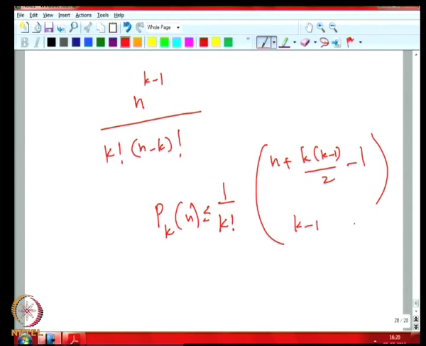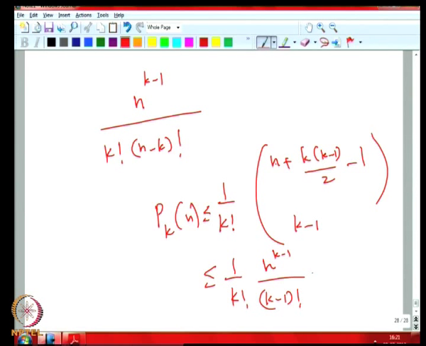Here you can see, starting from n plus k into k minus 1 by 2, we have k minus 1 terms written downward, that is a falling factorial starting from n plus k. Because k is considered to be much smaller than n, each of them is approximately n. So this is again 1 by k factorial into approximately n raised to k minus 1 above and k minus 1 factorial below, right.